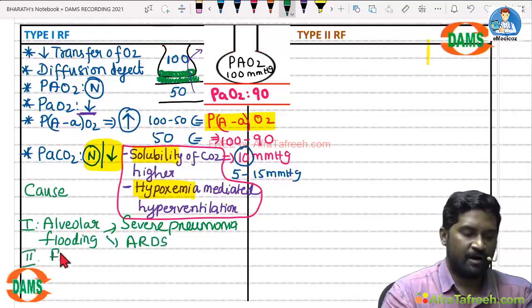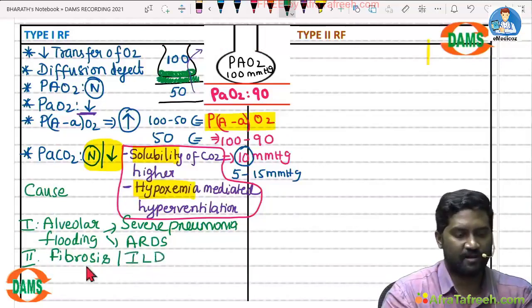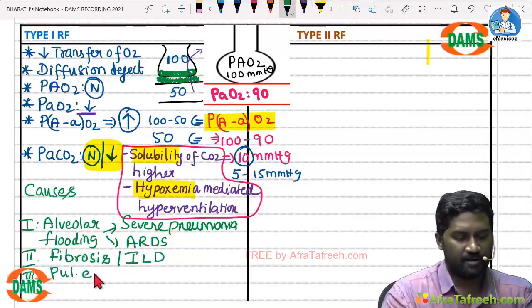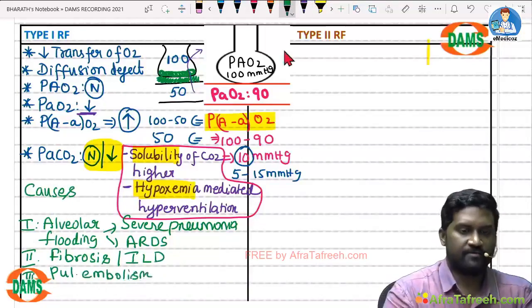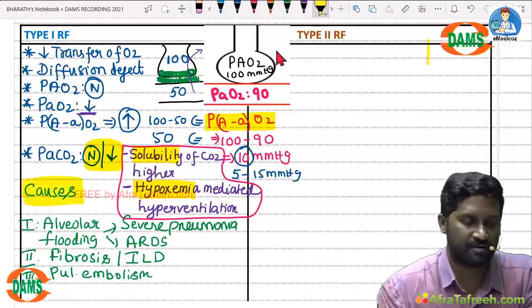Second, around the alveoli, deposition of fibrous tissue, fibrosis, interstitial lung disease. Some issue in pulmonary circulation, that is pulmonary embolism. These are the important causes of type 1 respiratory failure.